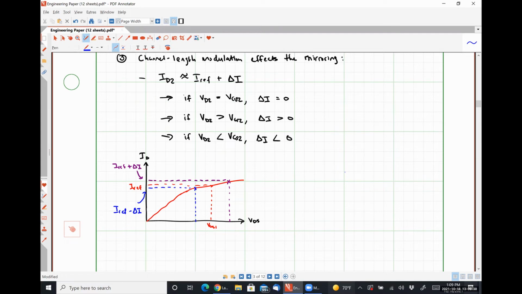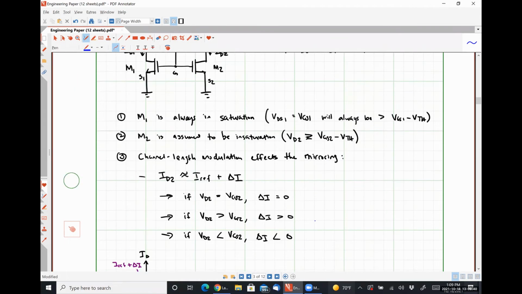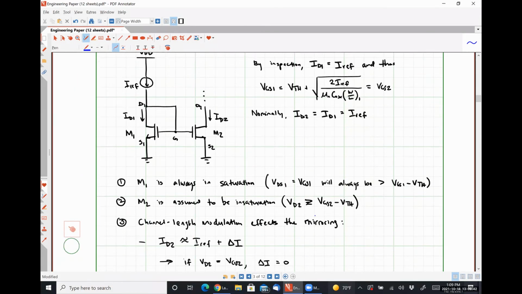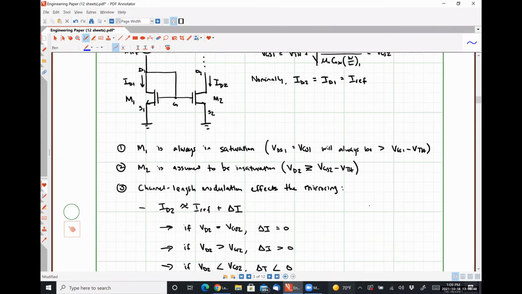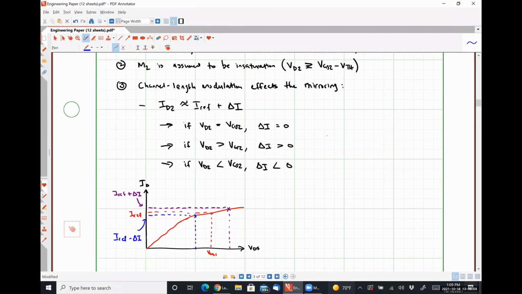Well, if we allow the voltage here at the drain of transistor 2 to be larger than VGS1, that means transistor 2 is experiencing the effects of channel length modulation more, right? Because it has a larger overdrive voltage. And so that's why it's out over here to the right on the x-axis and why we see more current being drawn through transistor M2.